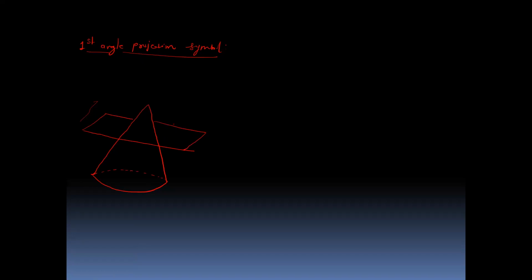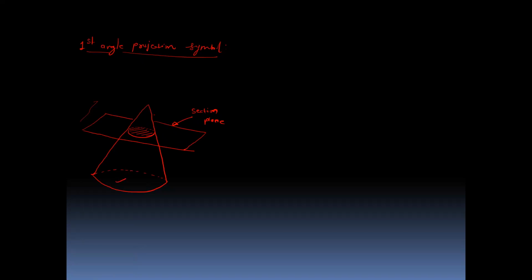Okay, so because of this section plane, or this cutting plane, we will get this section like this, which is another circle, which is parallel to this base circle.